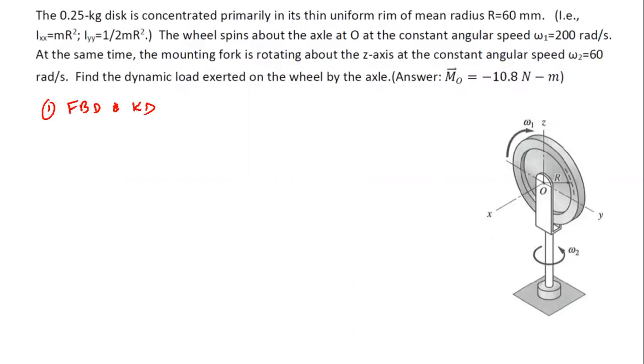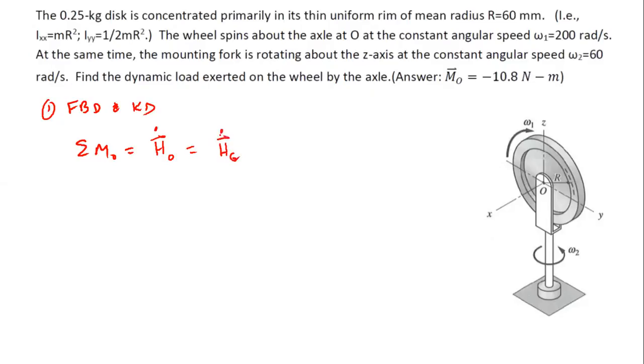Okay, then the harder part, I think, if you do a sum of moments about point O, is that you can equal your total H dot about O. For this one, you've got to decide which way you're going to do it. And H_O here is also going to be H_G.